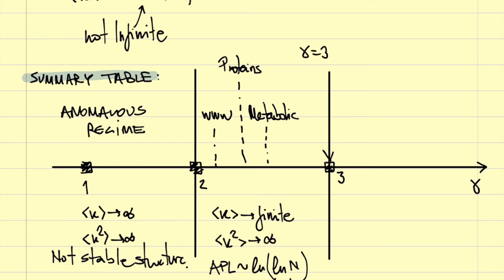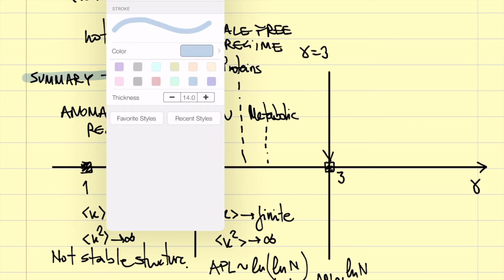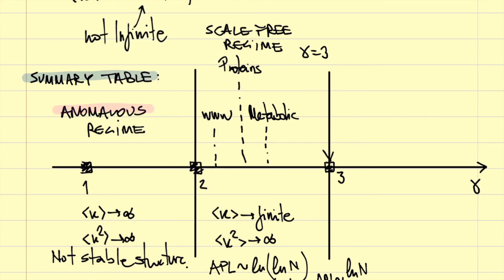And for this case, we have an APL of logarithm of n divided by logarithm of n, okay? This is a scale-free regime. Anomalous regime, scale-free regime.